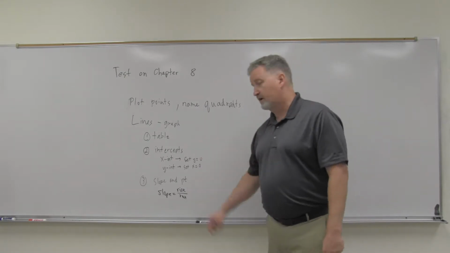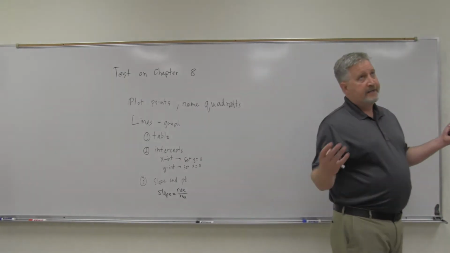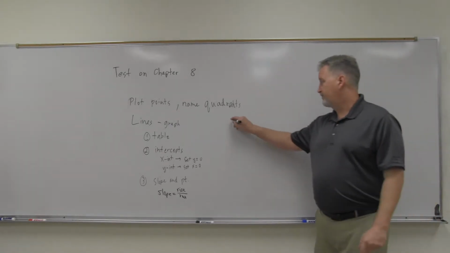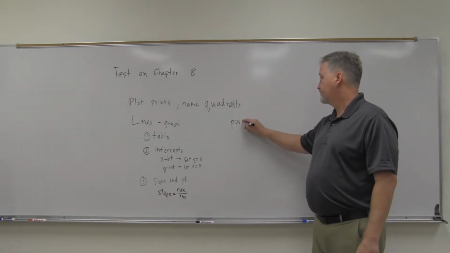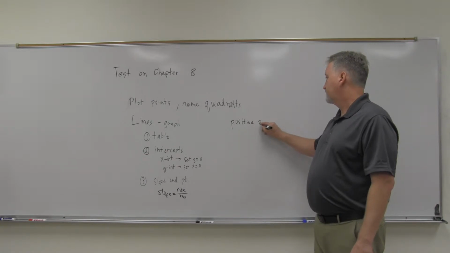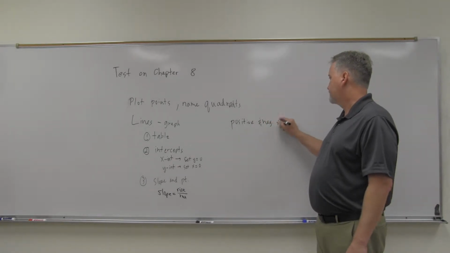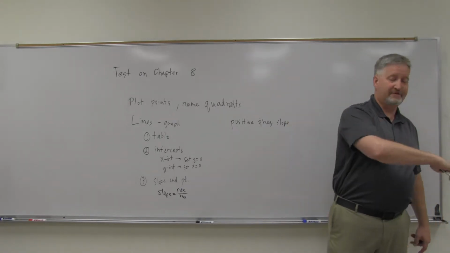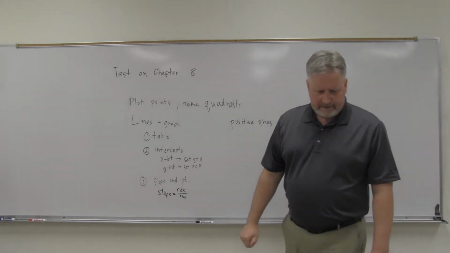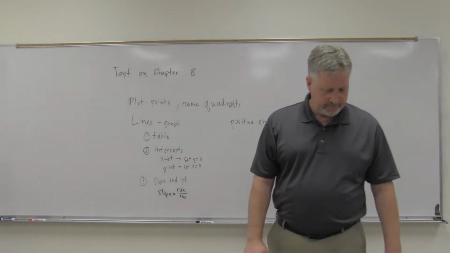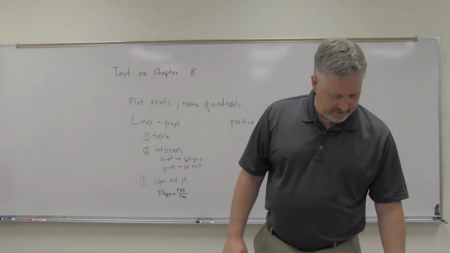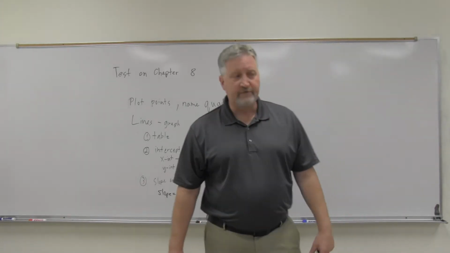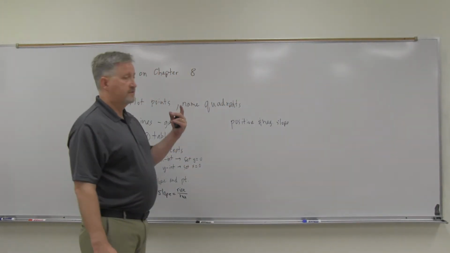We also talked about slope there. We also talked about identifying whether a line has positive slope and negative slope. So be able to do that. Positive slopes go uphill left to right, negative slopes are downhill left to right. Easy enough there to figure out. And then of course, slope formula.